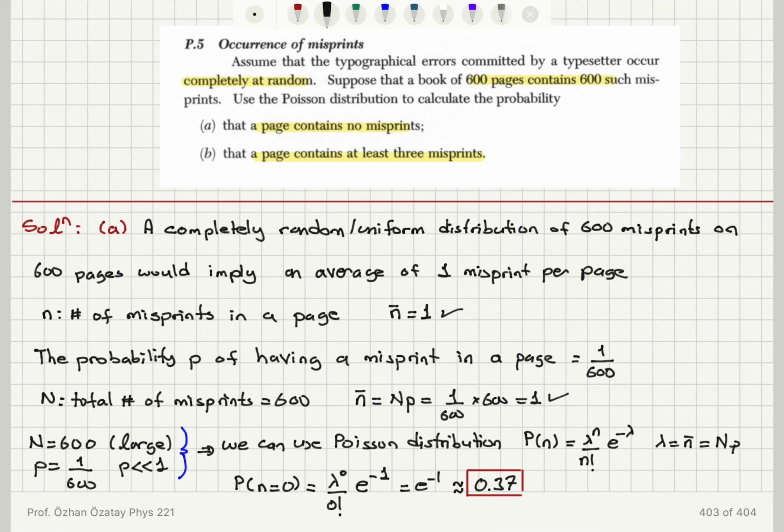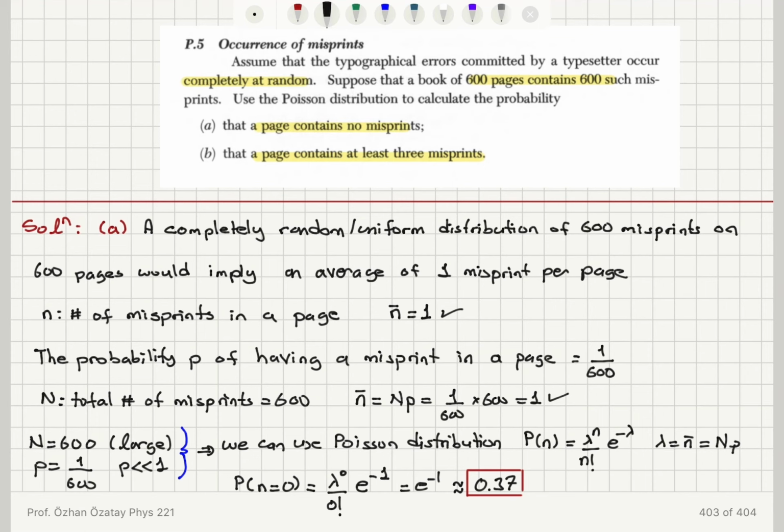Okay, so assume that typographical errors committed by a typesetter occur completely at random. We said a completely random or uniform distribution of 600 such misprints on 600 pages would imply an average of 1 misprint per page. So we are assuming that in this distribution of misprints, the statistics would give us a mean value of 1 misprint per page.